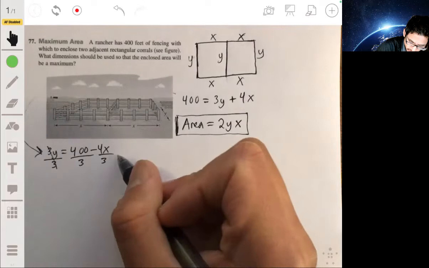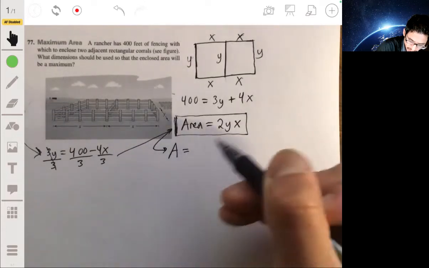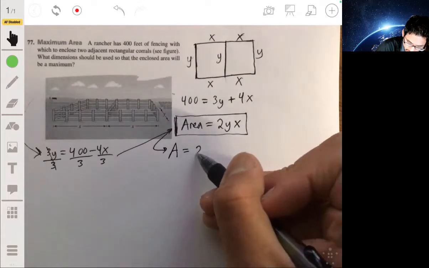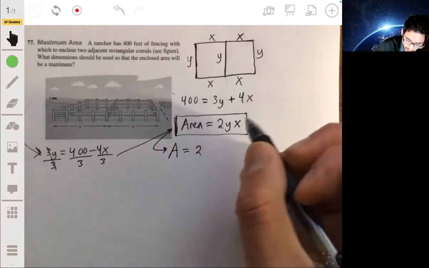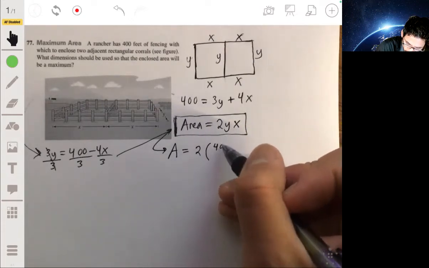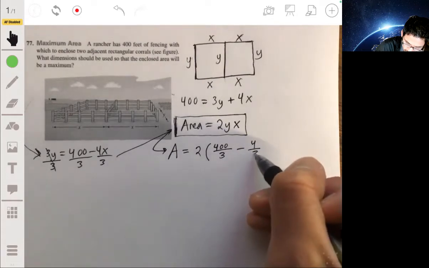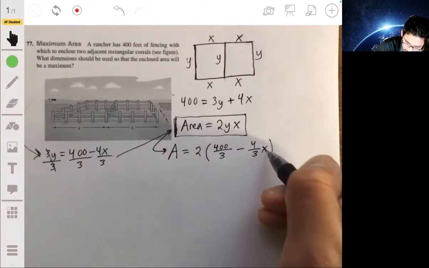So then with this, we can make a new equation for area. Area will be 2 times (400 over 3 minus 4/3 x), all this times x.